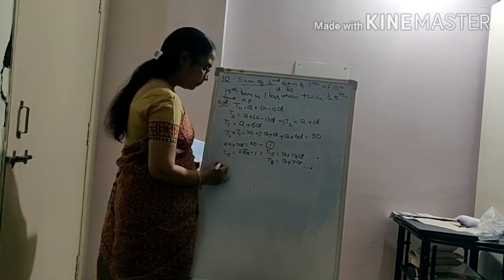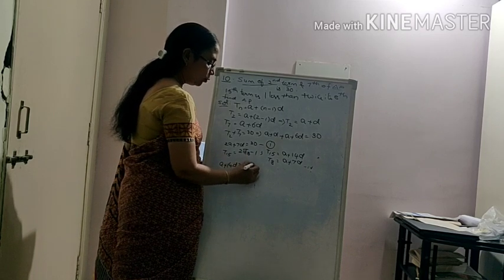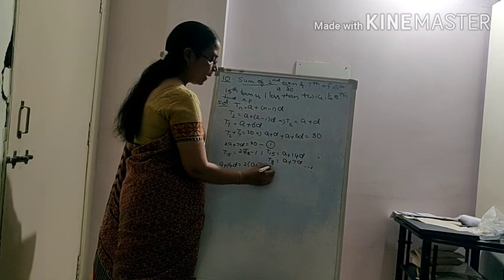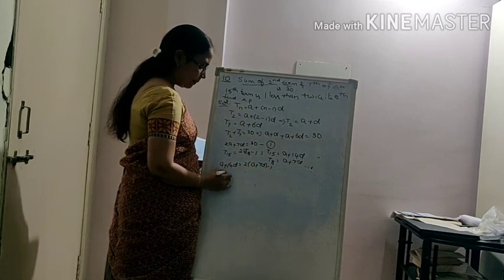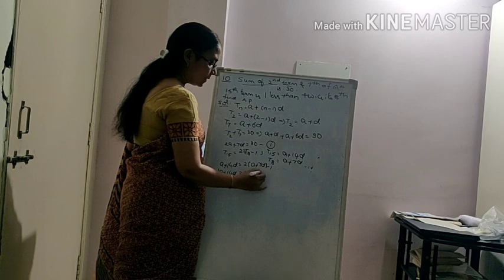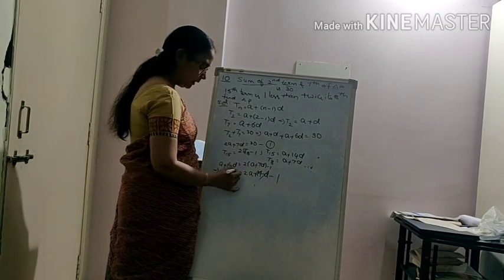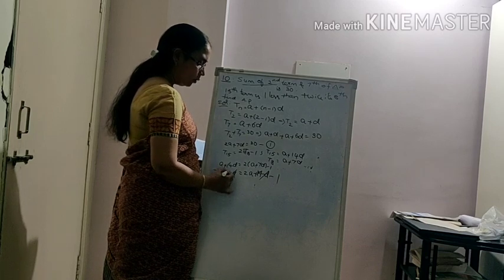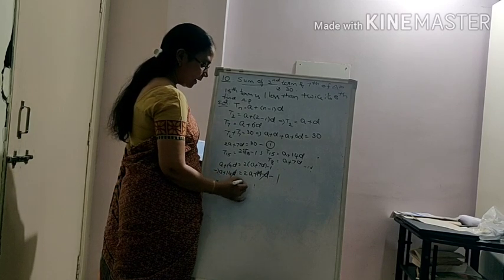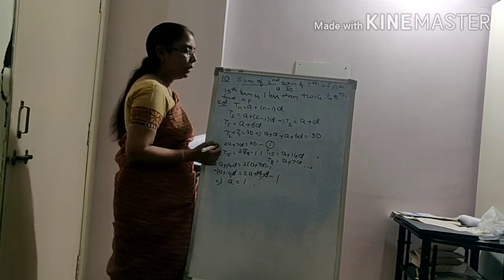Now I write A plus 14D is equal to 2 into (A plus 7D) minus 1. A plus 14D is equal to 2A plus 14D minus 1. 14D will cancel. 2A minus A is equal to 1. From this we got A is equal to 1.